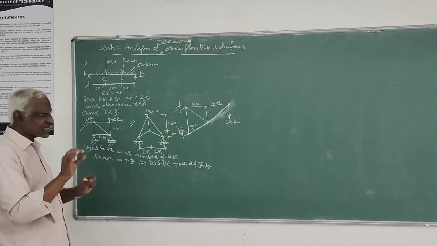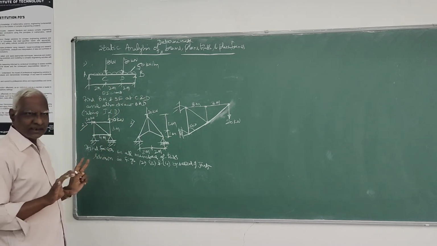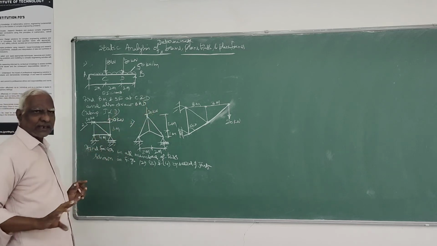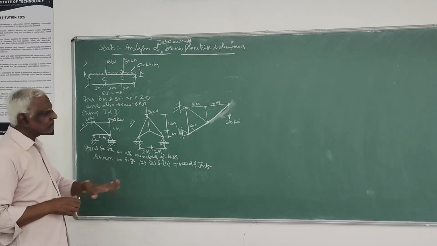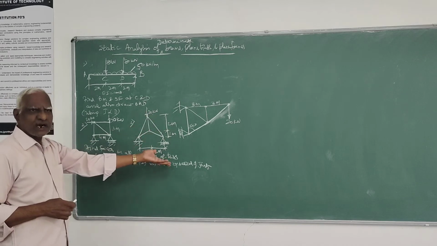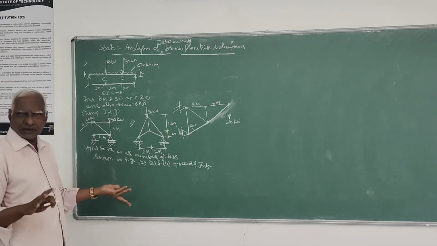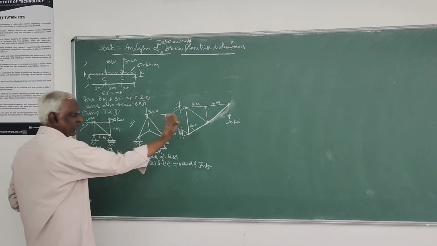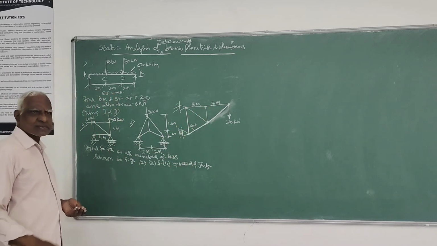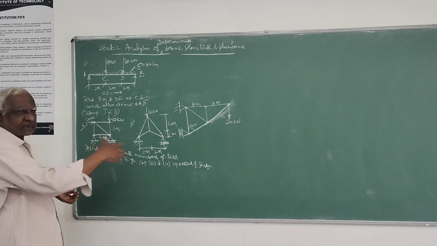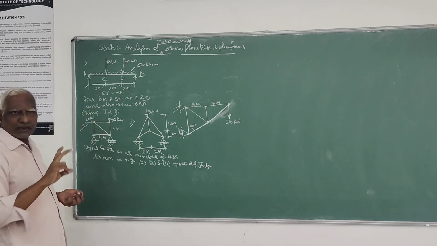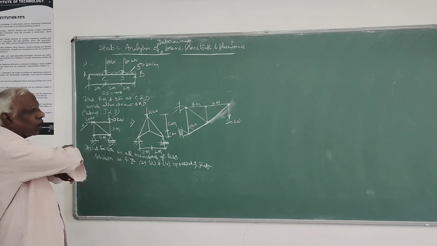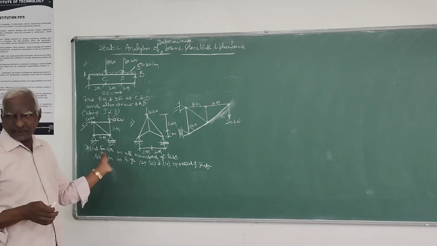You have to resolve the forces correctly by determining the angle of inclination. Then you select the next joint, wherein again not more than 2 members are there. Like that you go on repeating, selecting various joints in the structure, wherein not more than 2 unknown members are there, until all member forces are determined.